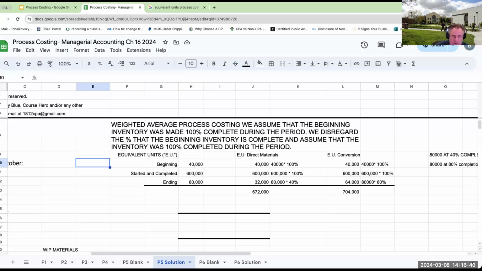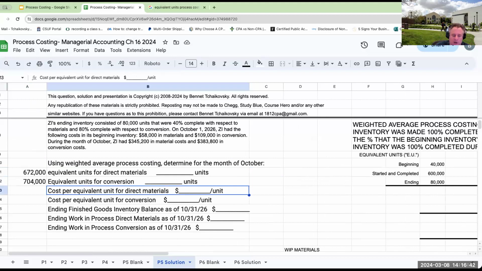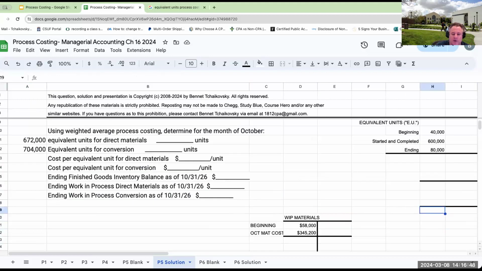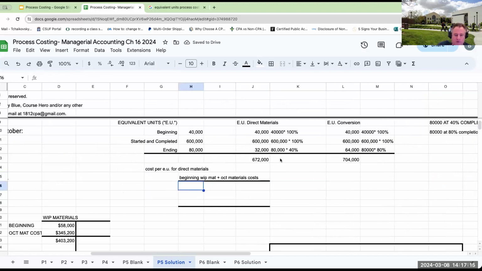What does this mean? I'm trying to come up with my cost per equivalent unit for direct materials. So I need to say that my cost per equivalent unit for direct materials is going to be my beginning WIP materials plus my October materials cost, divided by my total equivalent units for direct materials.